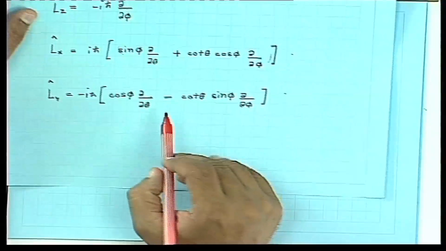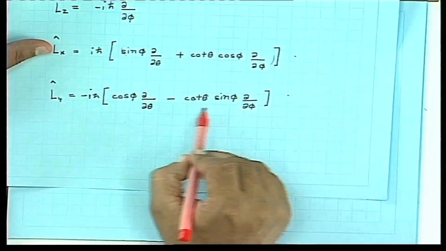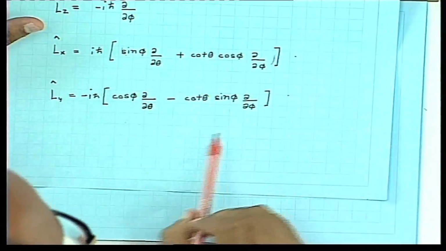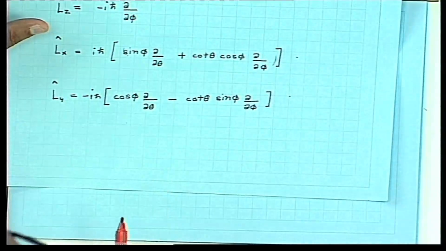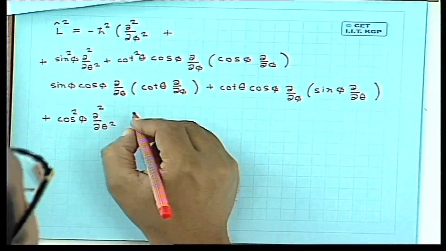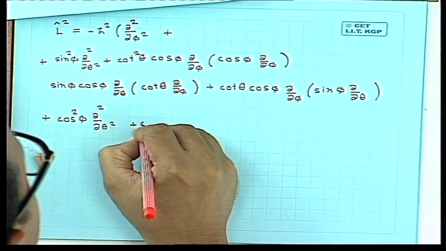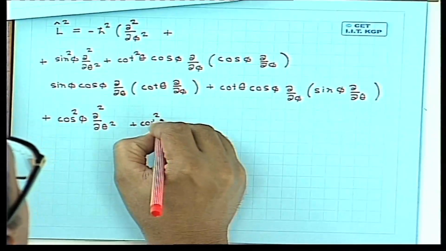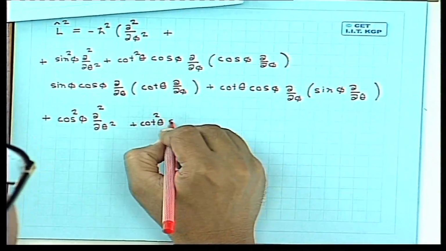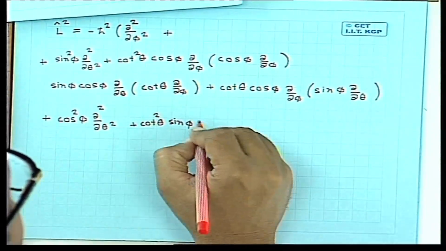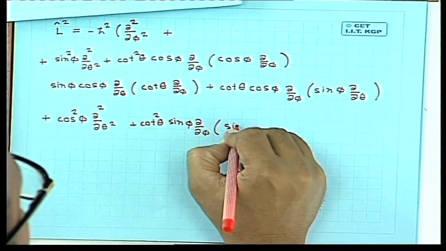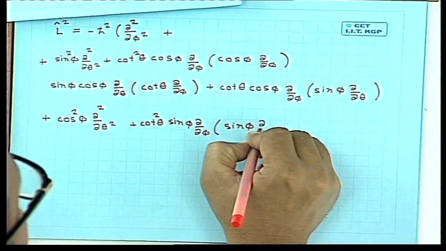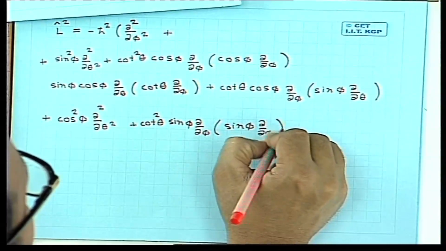Then I have the square of this term. Here again, del phi will act only on sin phi when I square this. So I have plus cot square theta sin phi del phi, then sin phi del phi.